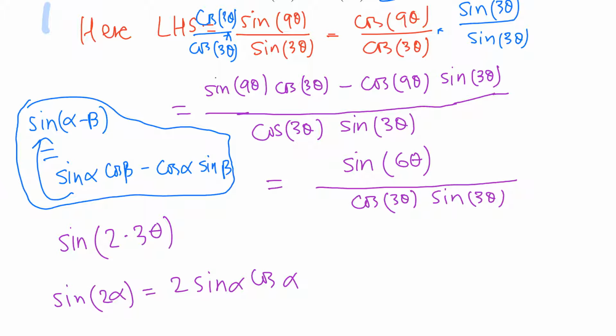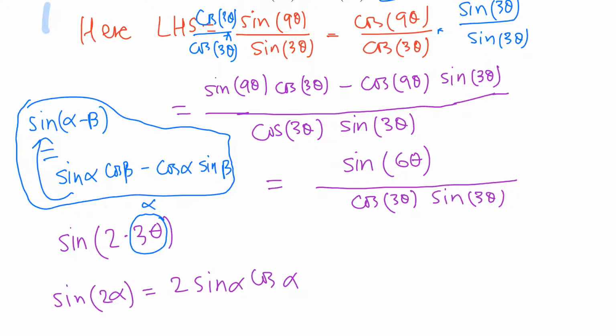That formula comes from sine of alpha plus alpha. So 6 theta is 2 times 3 theta, and if we assume 3 theta is alpha, then this reads sine 2 alpha, and we can apply this formula.